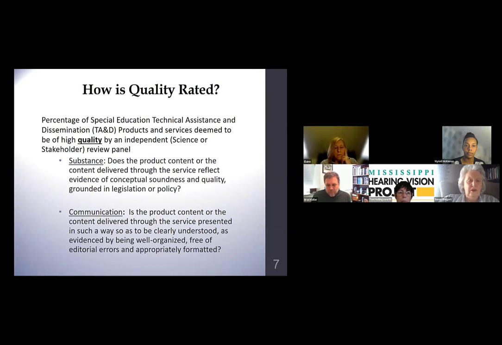So thinking about how quality is rated, what does it mean to have a high quality product or service? OSEP has determined that there are 2 dimensions for quality: the substance and the communication. The substance dimension asks, does the product content or the content delivered through the service reflect evidence of conceptual soundness and quality grounded in legislation or policy?